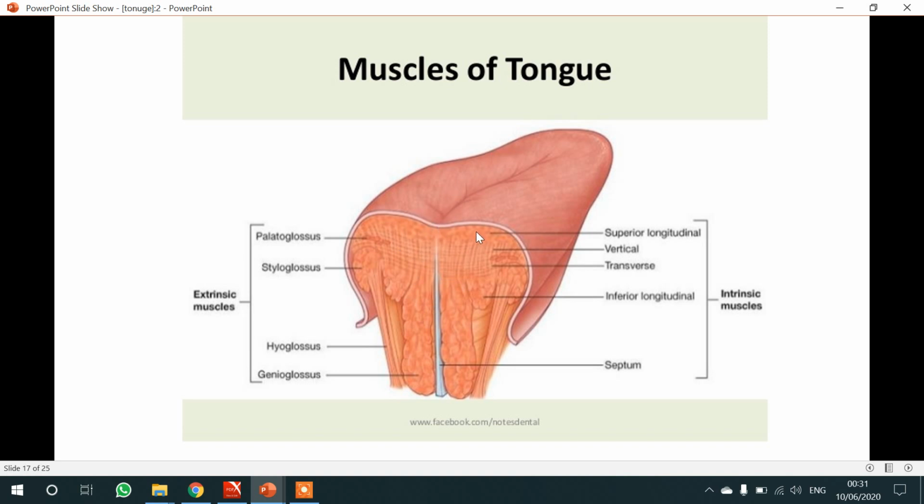So here you can see the superior longitudinal muscles. These are intrinsic muscles; what we discussed recently were the extrinsic muscles, but here we have intrinsic muscles. Here we have the superior longitudinal band, present longitudinally along the length of the tongue, and likewise here we have the inferior longitudinal muscle.